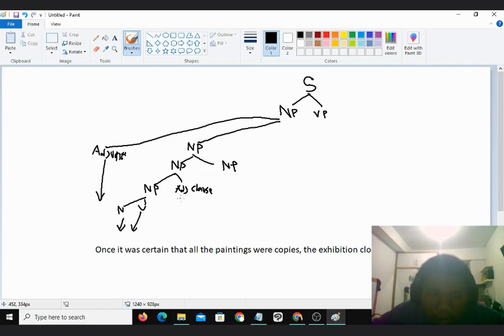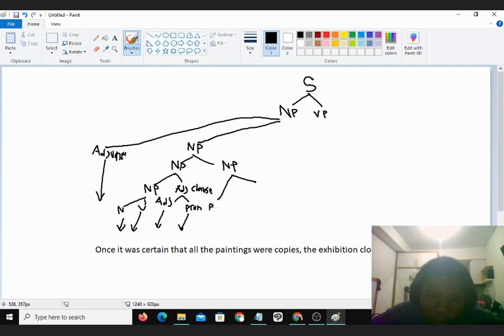While the adjective clause will be split into adjective and pronoun. This is the left part. And now the second part of the noun phrase will be split again into this and that.